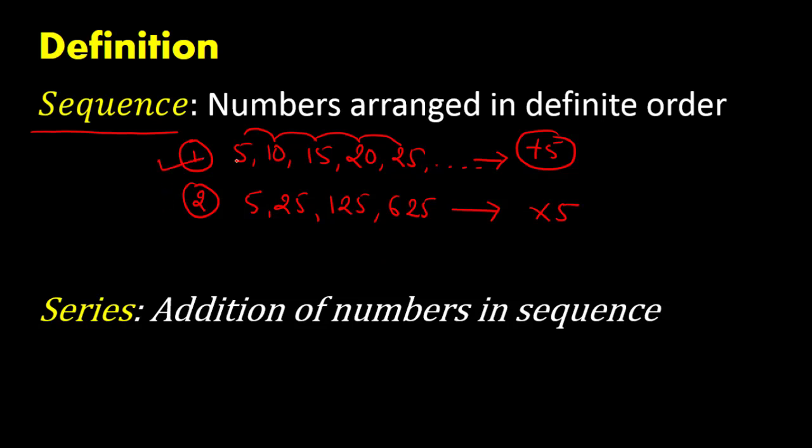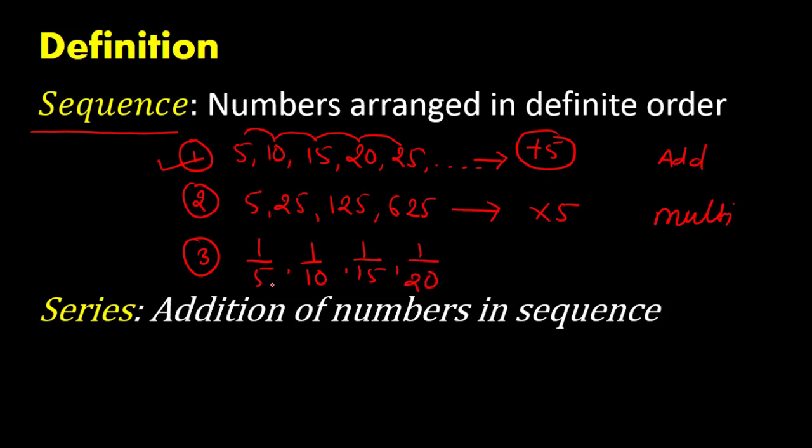The first pattern is addition, the next pattern is multiplication. The third fixed pattern is that I add a fixed number to the denominator to get the next number. So 5 plus 5 is 10, plus 5 is 15, plus 5 is 20, and so on. I am adding the same number to the denominator to get the next number.